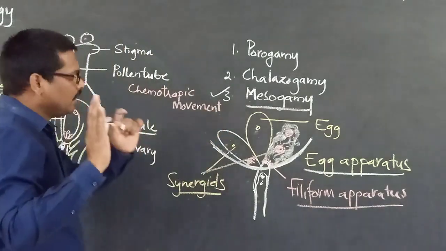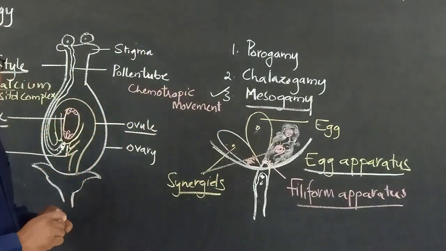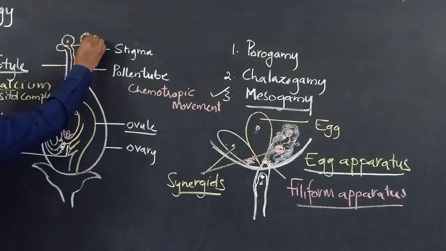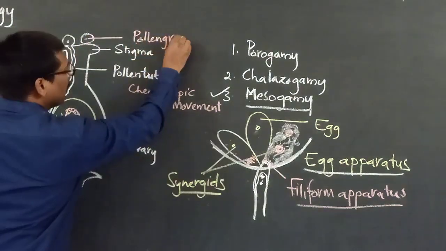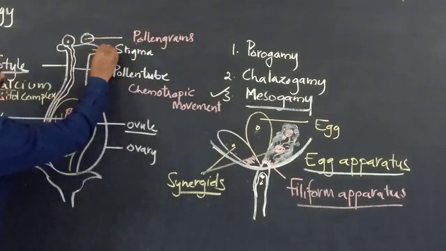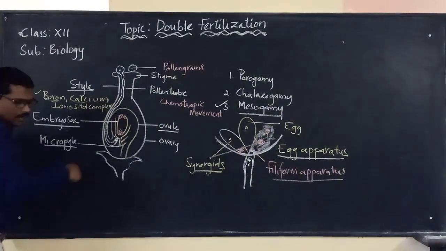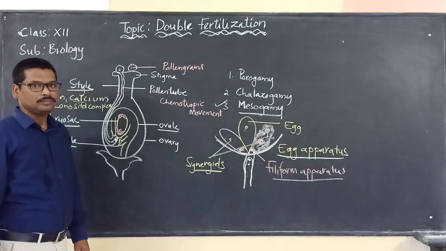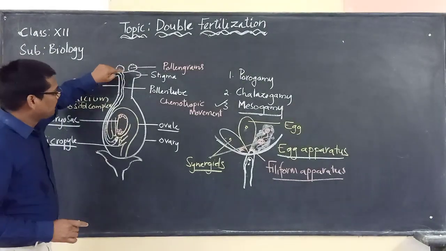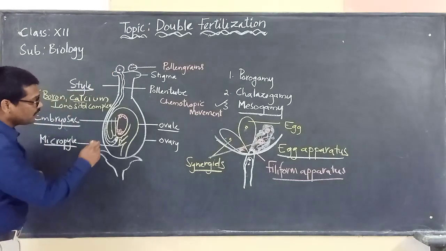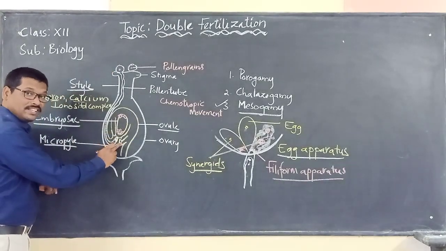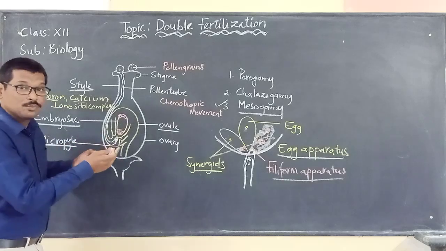Now one point that you have to keep in mind is that from the time the pollen grain falls on the stigma until it reaches the ovule, it is called what?